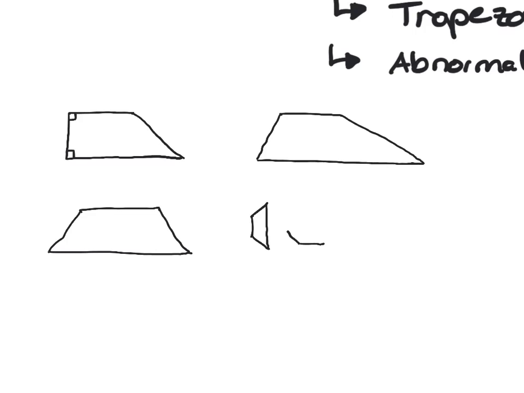It can also be like that. The main thing to keep in mind is that trapezoids have one set of parallel sides. That's what makes a trapezoid a trapezoid.